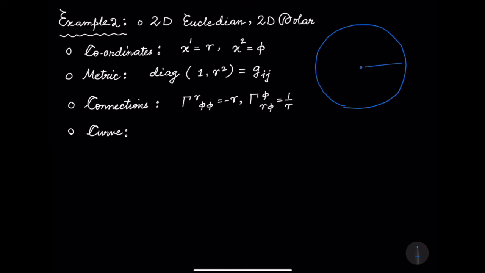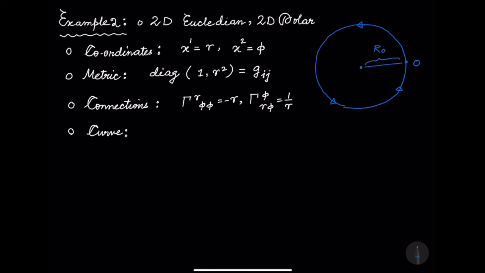So this is r0, which is a constant, and I am going around and coming back to that point O. Here you can see that I just need a single coordinate line to describe the curve.